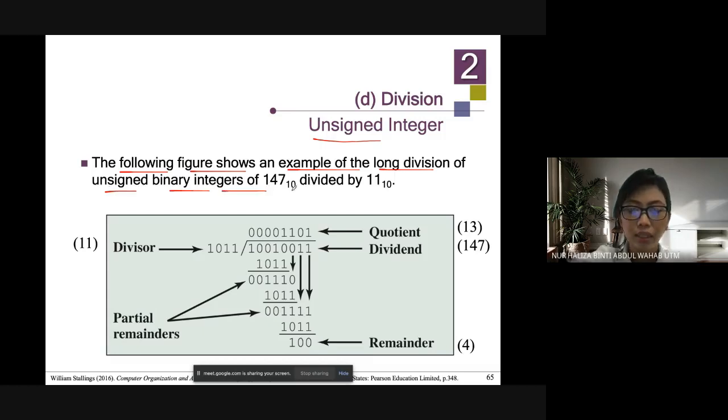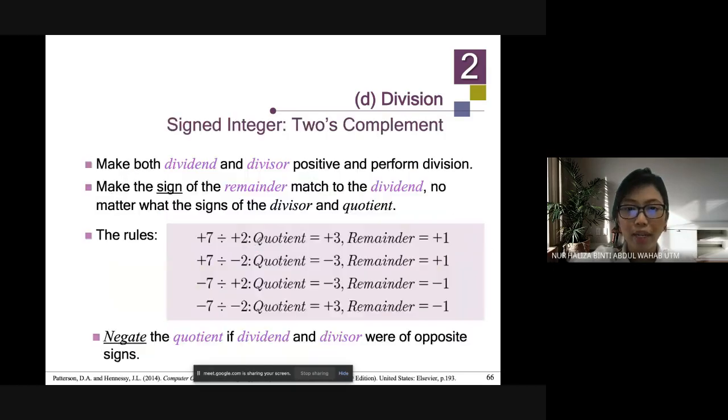Unsigned binary integer 147 divided by 11. I call it 11 because this is a decimal number. So you divide it using binary. Change it into binary, you will get this, and this one is your binary for 13. So you're going to divide it.